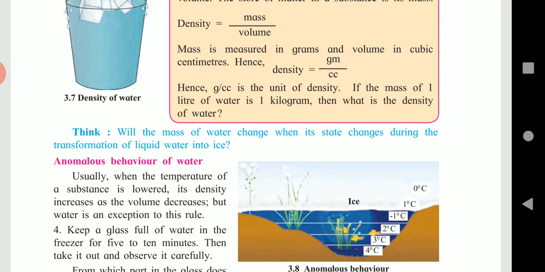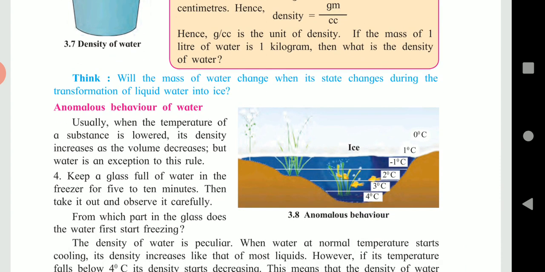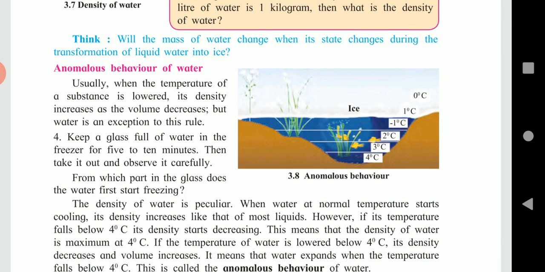And then if we divide these two, we get the answer 1 gram per cubic centimeter. So we get 1 gram per cubic centimeter as the density of water. Thank you.